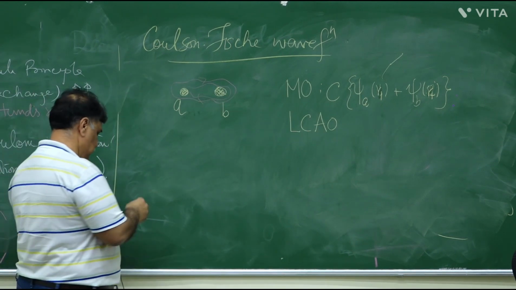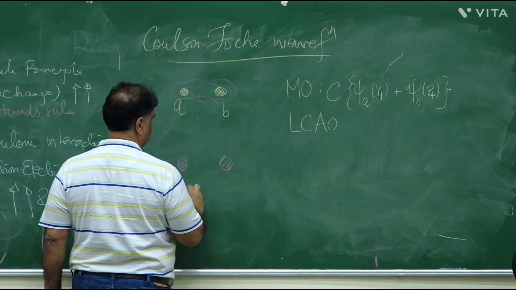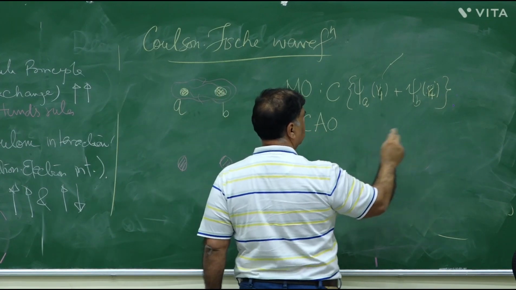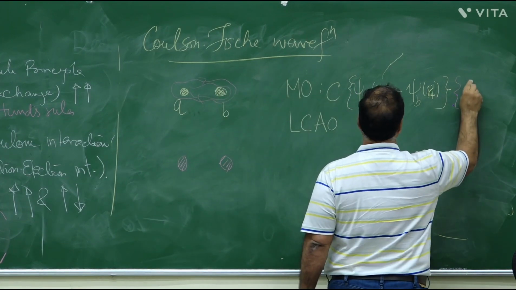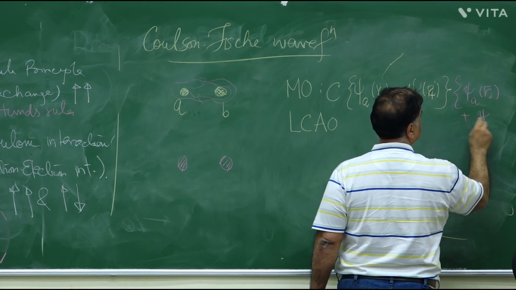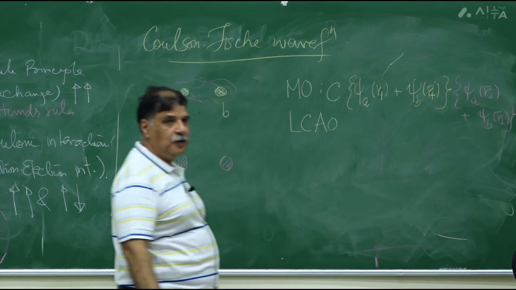The other extreme is that I write my wave function as, so the total wave function will be this times psi A of r2 plus psi B of r2.